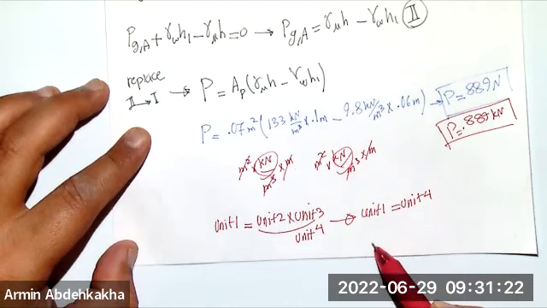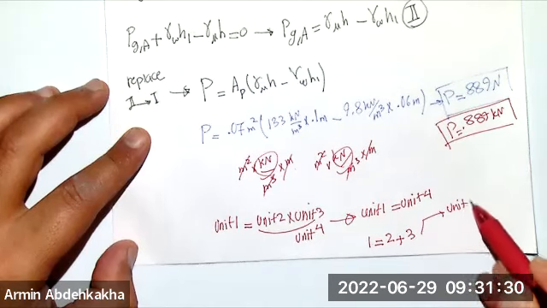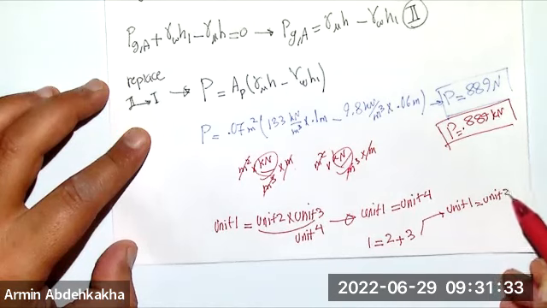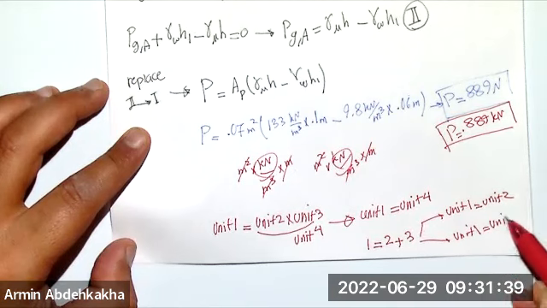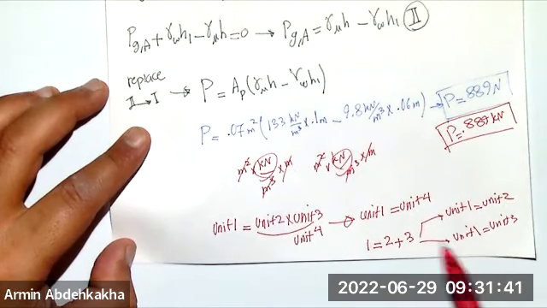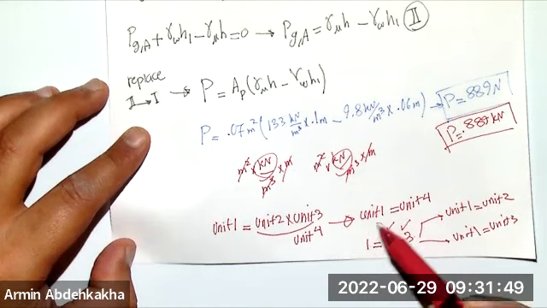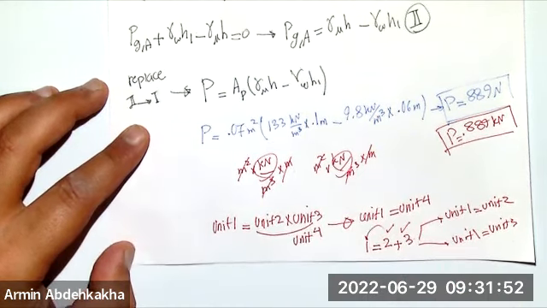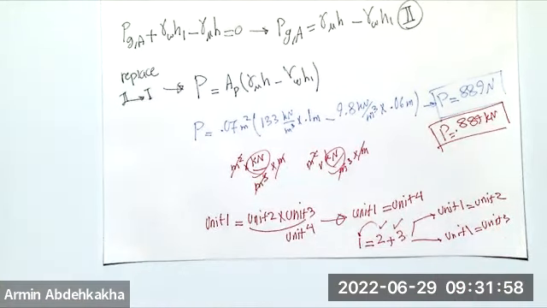But if you have term 1 equal to term 2 plus term 3, then the unit of term 1 should be equal to the unit of term 2, and also the unit for term 1 should be equal to the unit of term 3, right? You cannot sum up the units here because both of them should be the same units when you sum up these two, and then should be equal to 1, because that's the dimensional homogeneity in fluid mechanics equations. Any question?